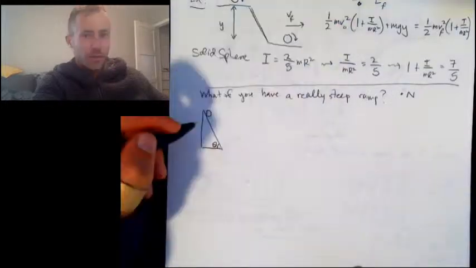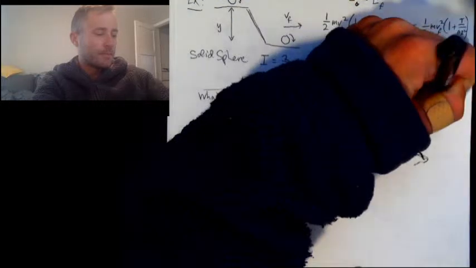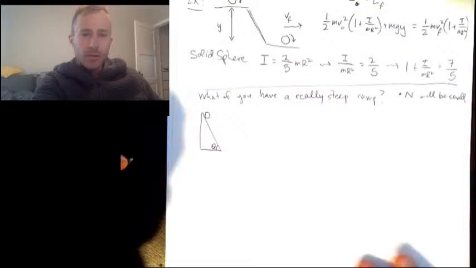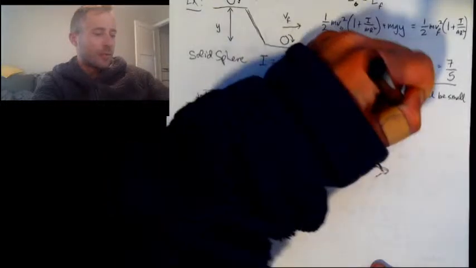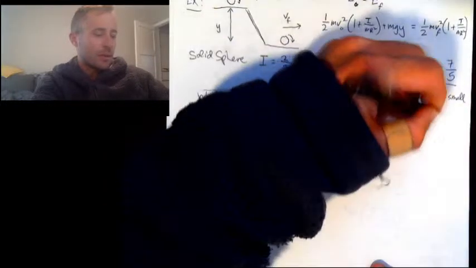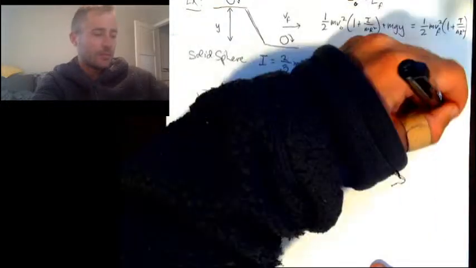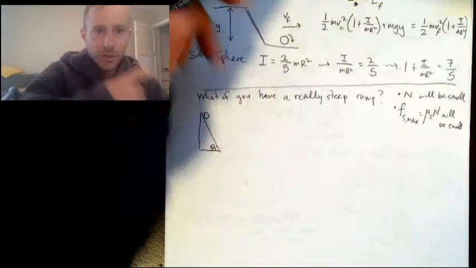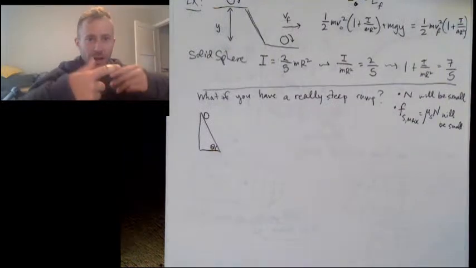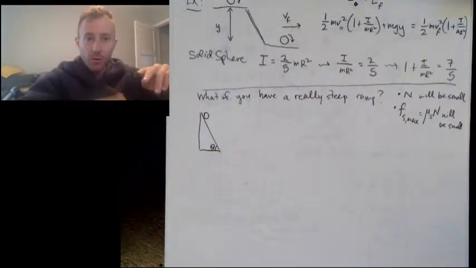The normal force, because the ramp is so steep, the normal force will be small. And because the normal force is small, the maximum static friction, which is equal to mu sub s times normal, will be small. Now if you recall, when an object is rolling, the force that actually makes the object start to roll is static friction.